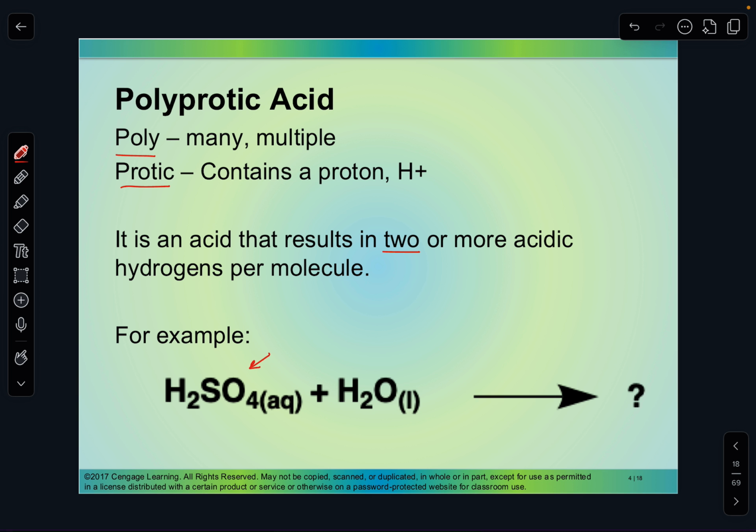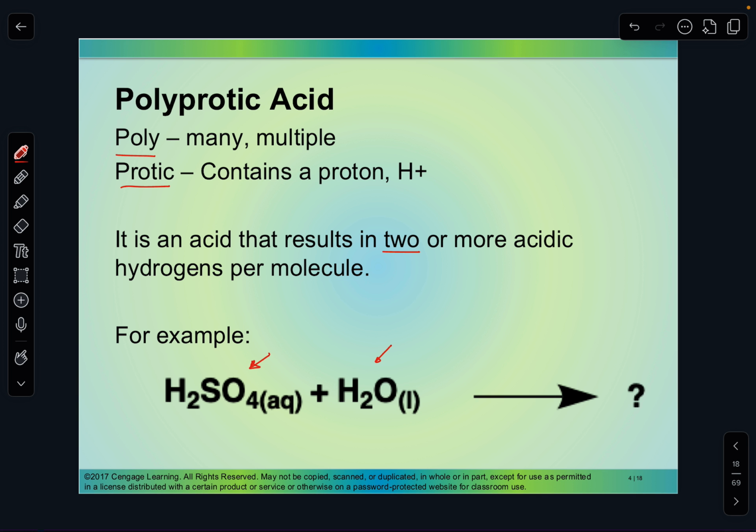So for example, we have H2SO4 and H2O. Go ahead and give this a shot right here, H2SO4. You're going to need to balance this equation, but go ahead and see what it would make. Keep in mind that we have H2O, and so adding a proton, you can only add one proton to H2O.